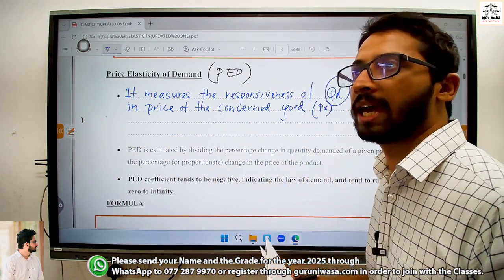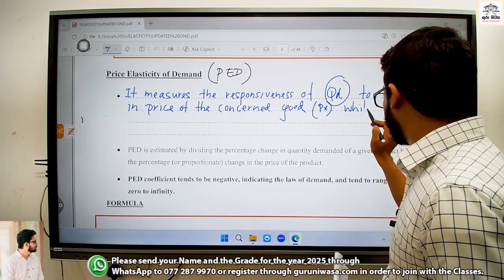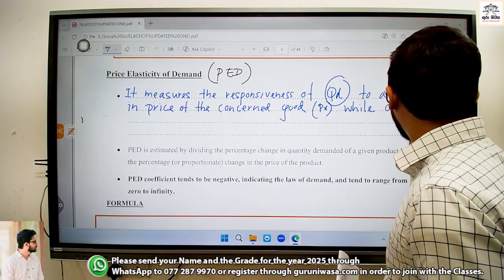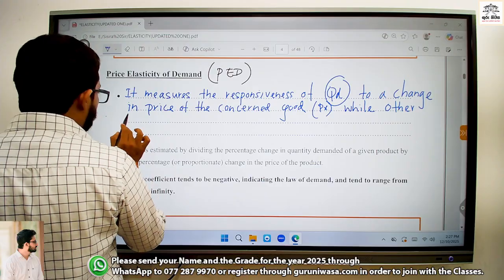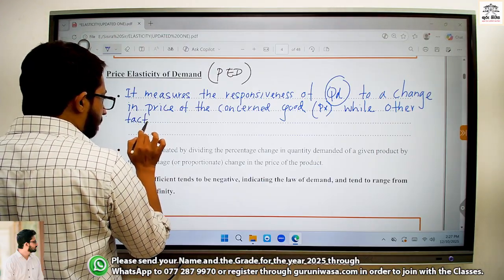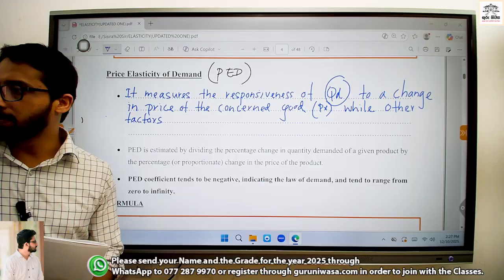Okay, Lamai. Next. Remember, don't forget this part. While other factors affecting demand remain constant. Other factors mean all other factors except price of the product.